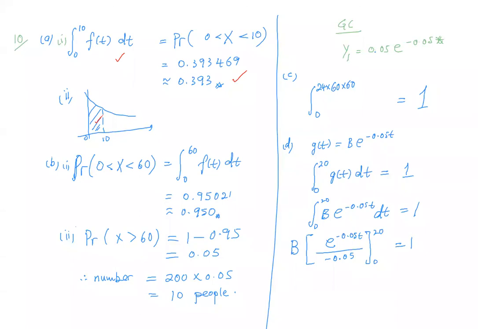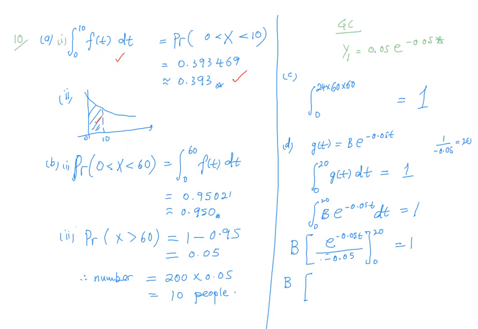You put your t equal to 0 and your t equal to 20. 1 divided by negative 0.05 is what? 20, am I right? So before I substitute, I just take my calculator, I divide 1 by negative 0.05. Do you get 20?